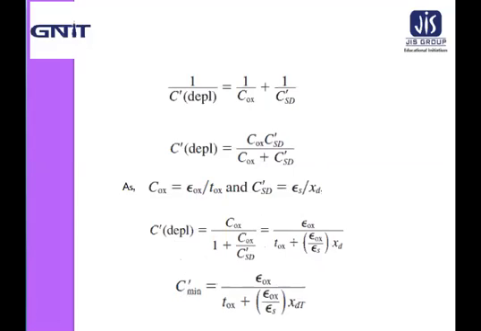Hence, when the maximum depletion width is reached, there is zero inversion charge density, and that gives the minimum capacitance, represented as C prime min equal to epsilon OX by TOX plus epsilon OX by epsilon S into XdT, T for threshold condition.